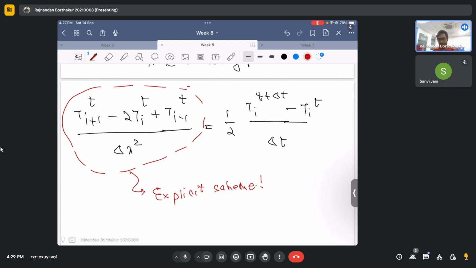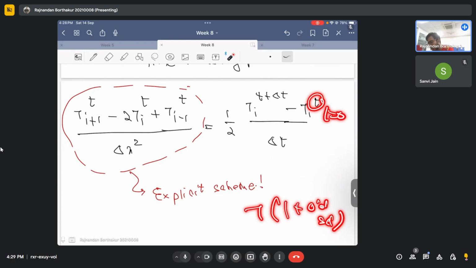Okay. For instance, if I start from time t equal to 0 seconds, and let's say I choose delta t to be 0.01 seconds, then I can tell you what the temperature will be at t equal to 0.01 seconds. How? Because this t now will be 0 seconds, I just need to calculate this temperature, and all these things are known.